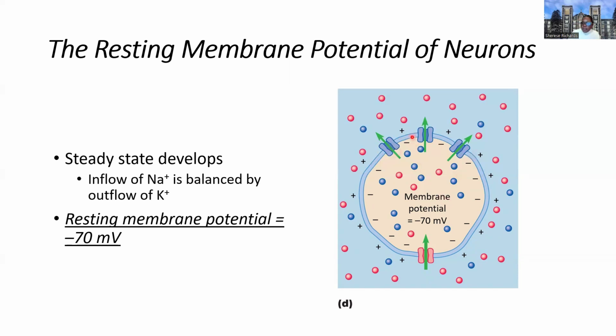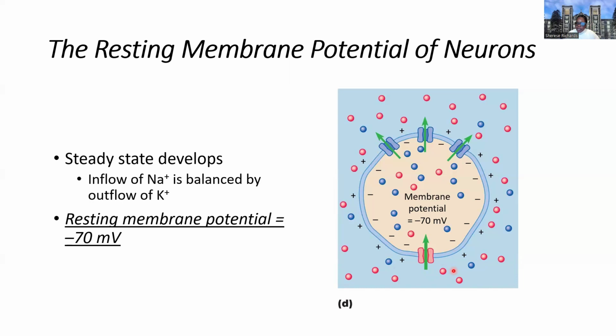So potassium is moving out of the cell at a weak force and 2 potassiums are being pumped back in. Sodium is moving into the cell at a strong force and 3 sodiums are being pumped back out. So eventually we establish this steady state where there's no longer a net accumulation of our ions on either side of the membrane.